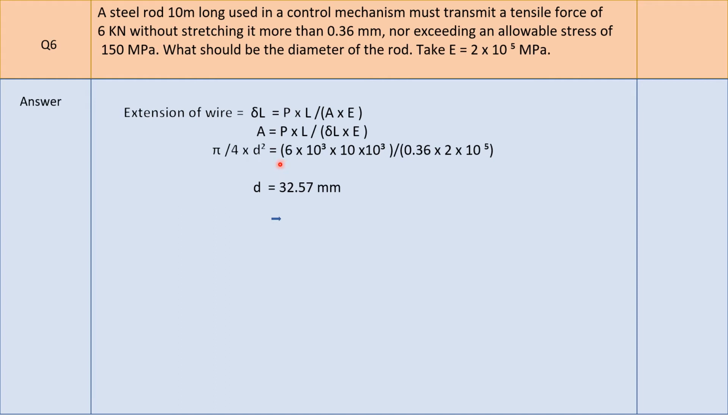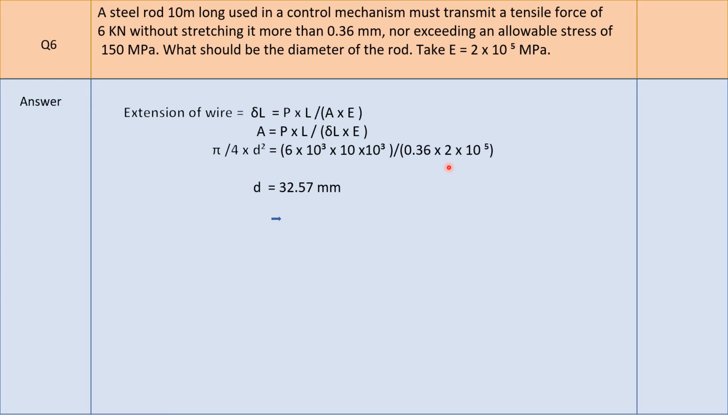Now when you press the button is equal to, what you are getting on your calculator is the area, this figure. Okay, now when I take 4 on this side, it will become into 4, and when I take pi on this side, it will become divided by pi.